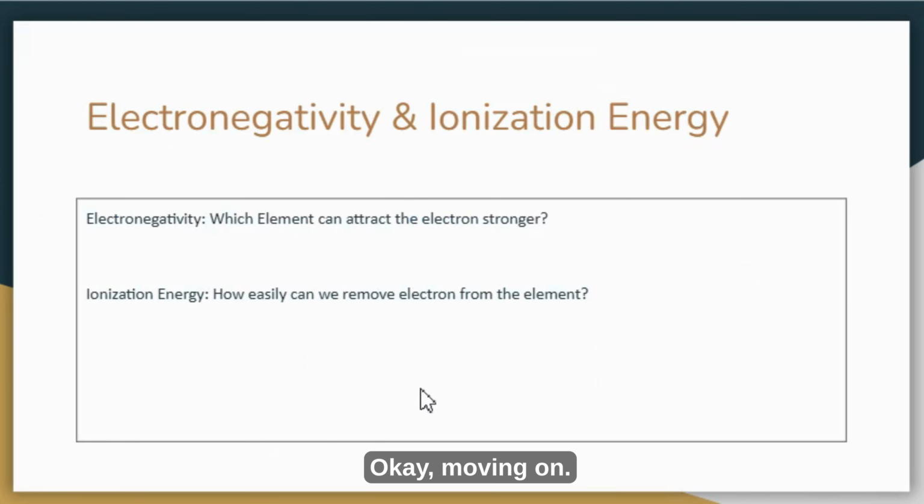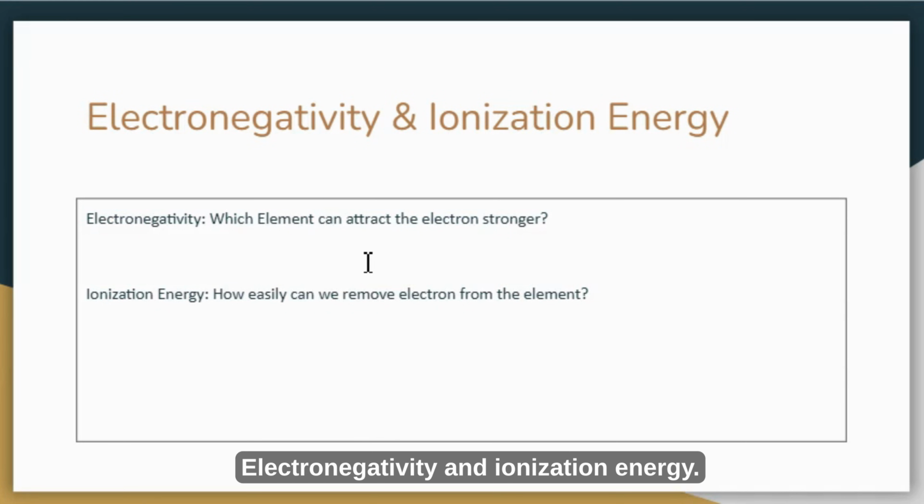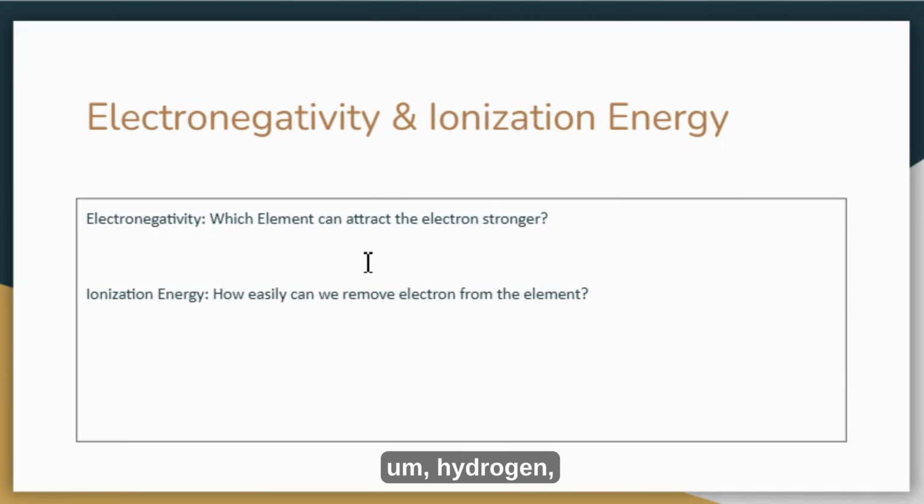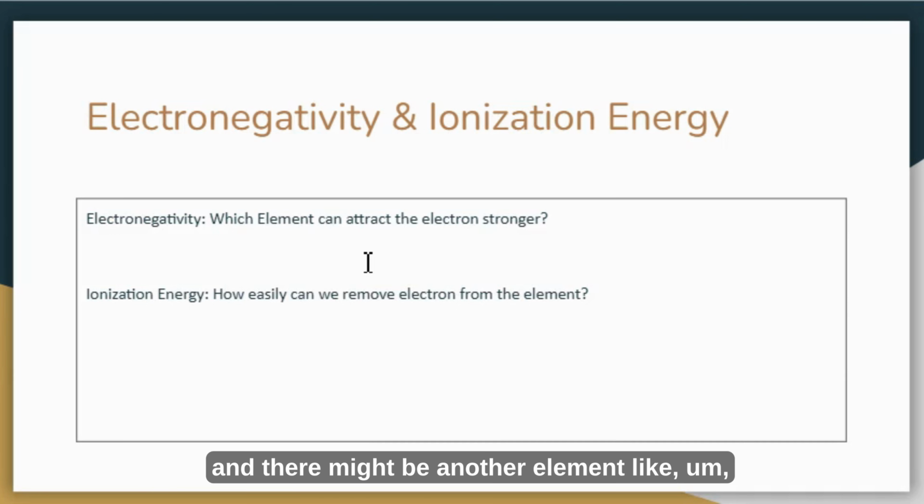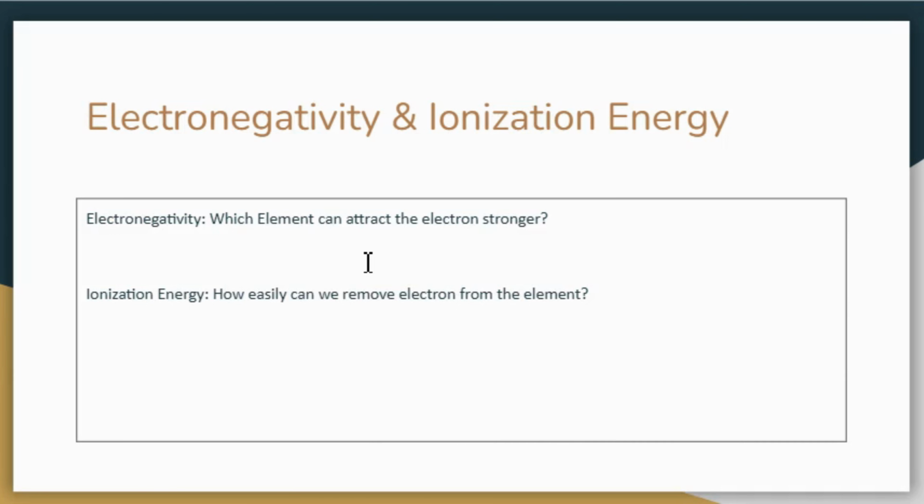Okay, moving on. Electronegativity and ionization energy. Electronegativity is the concept that answers which elements can attract the electron stronger. So there will be something like hydrogen, and there might be other elements like fluorine, let's say.